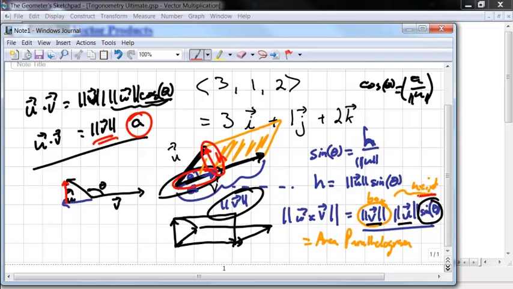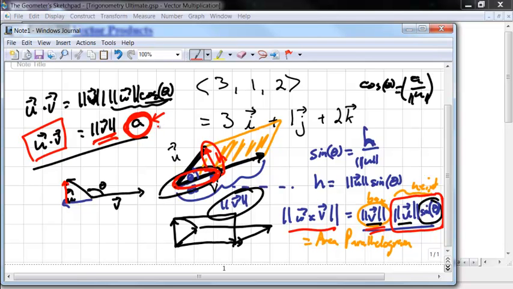And the red one, the perpendicular component: the size of the cross product is the size of that perpendicular component times the size of the vector v. The size of the parallel component, if you multiply that by the size of the vector v, you gives the dot product.